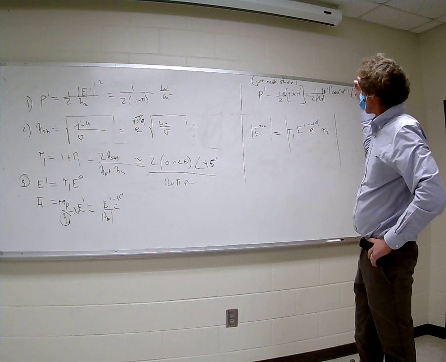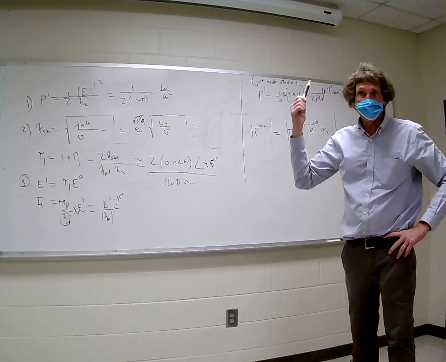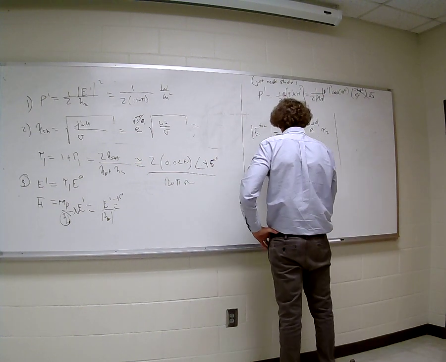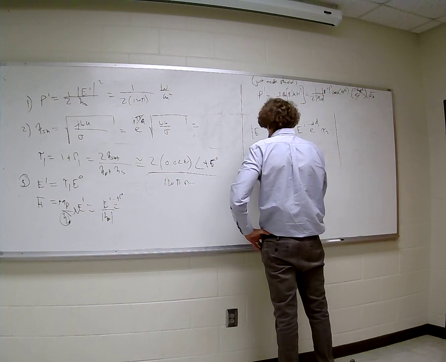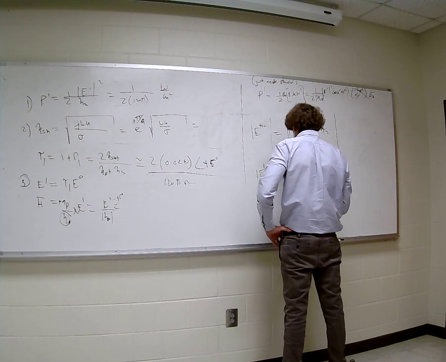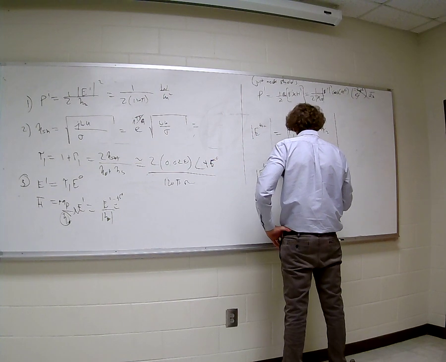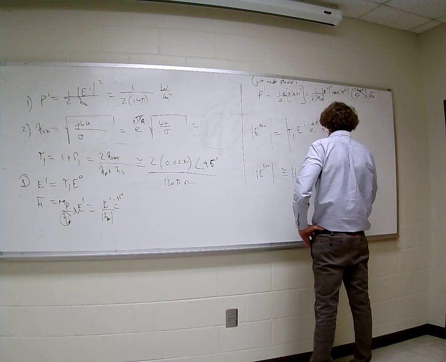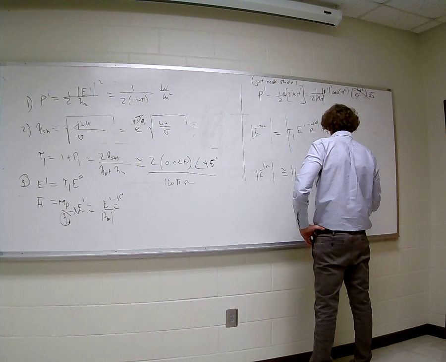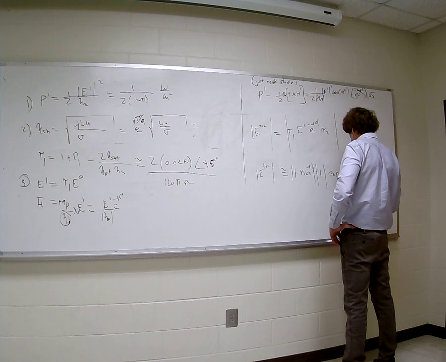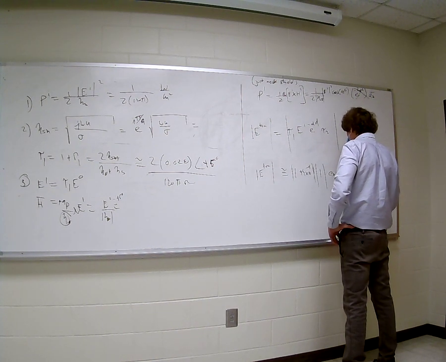I put that down. It was like 1.49 times 10 to the minus 4th, correct? So the magnitude of E transmitted is about 1.49 times 10 to the minus 4th times the magnitude of 1 times exp to the minus alpha, forgot exactly what that is, times the thickness d.